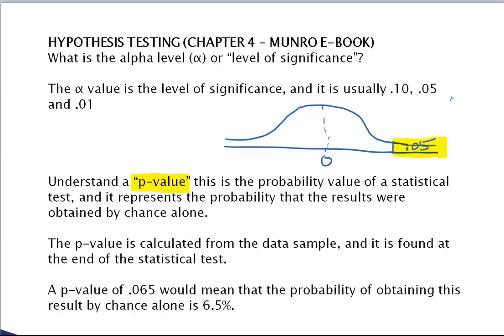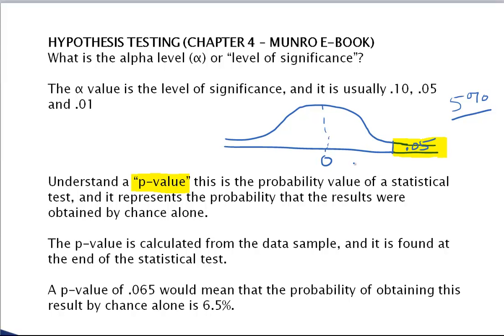So 0.05, that's like 5% of the data occurring by chance alone would be there. So it's not very likely it's going to happen. If you were a gambler, you would not want to gamble on this at all. You'd want to go the other way, because 95% of the time, by chance alone, things are going to happen somewhere else.